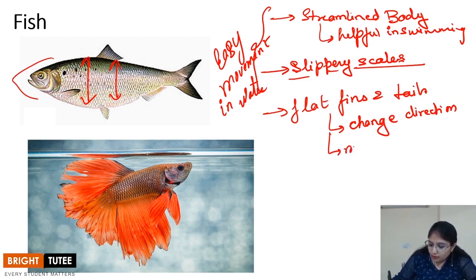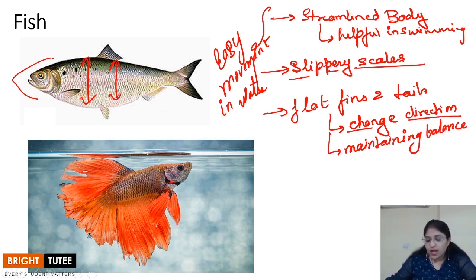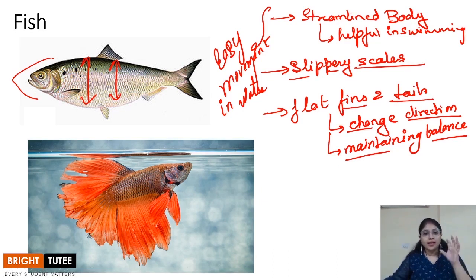So it also helps in maintaining balance. These two things happen: the change in the direction and then maintaining the balance of the body of the fish. So what function do the fins and tails play? While swimming, the tail basically helps in changing the direction and for maintenance of the balance.